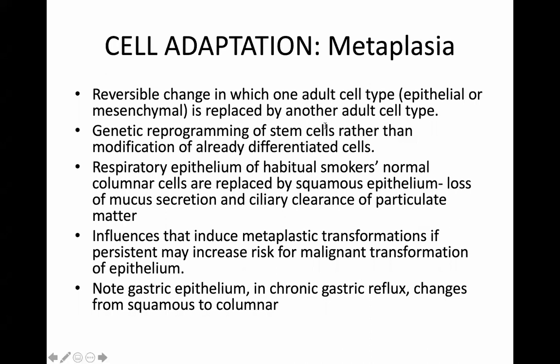Yes, vitamin A deficiency can also cause the metaplastic transformation of the ciliated columnar cells in the respiratory tract to change to the stratified squamous epithelium, which is also a risk factor for other metaplastic transformations, to form lung cancer. So vitamin A deficiency is a risk factor as well.